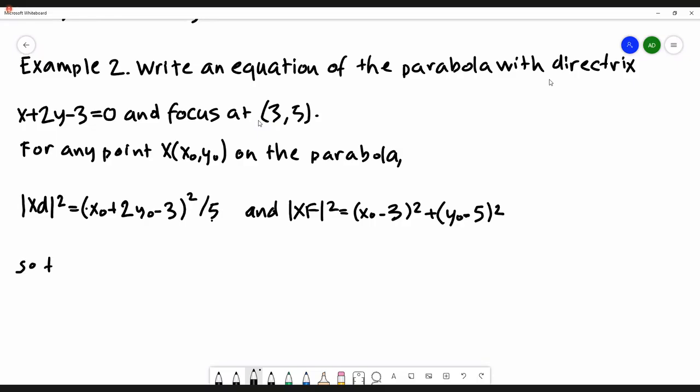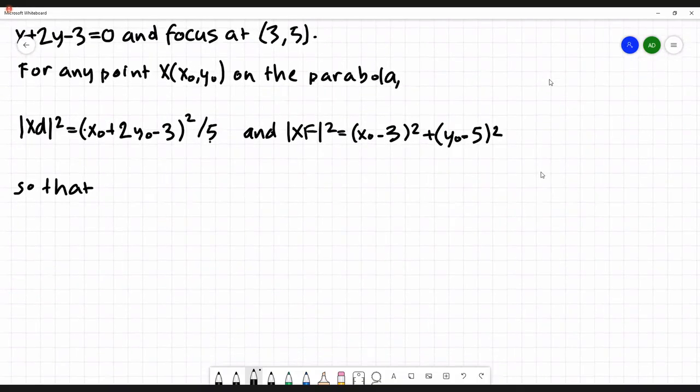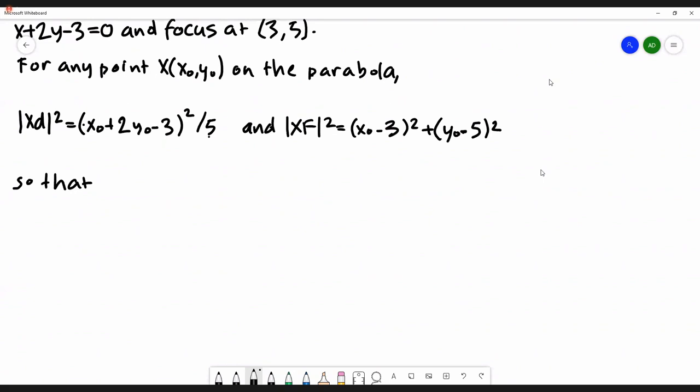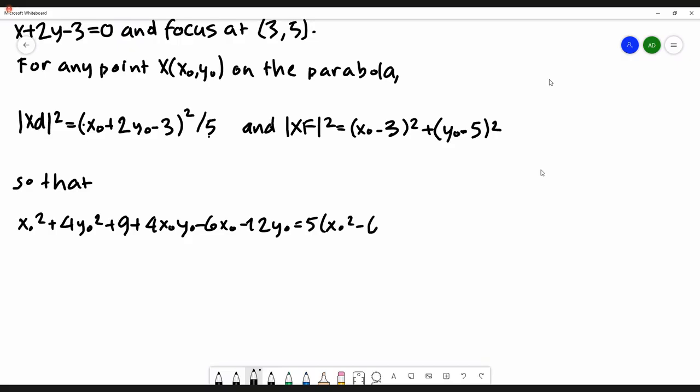Now these quantities should be equal. These distances, or the squares of these distances, must be equal, which gives us x0 squared plus 4y0 squared plus 9 plus 4x0y0 minus 6x0 minus 12y0 equals 5x0 squared minus 30x0 plus 5 times 9, 5y0 squared minus 50y0 plus 125.